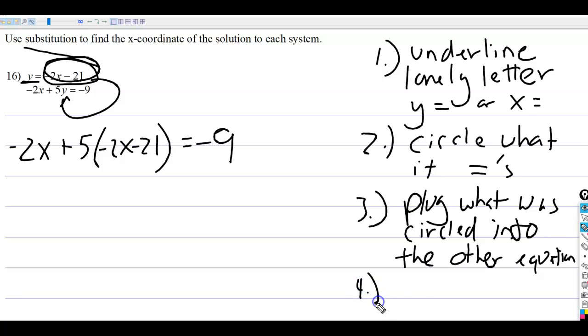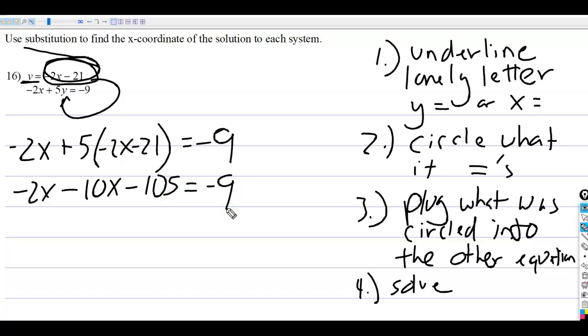From there, you're going to solve. So we start with distribution. Multiplying the 5 inside gives us the negative 10x minus 105. Next, I'm going to combine like terms.